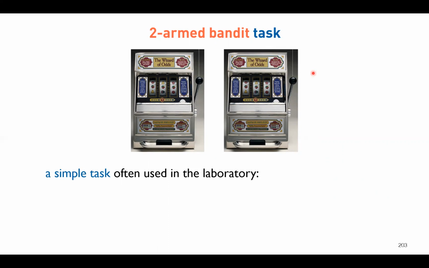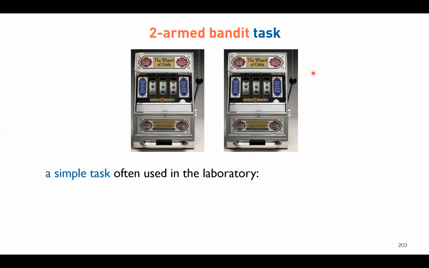And suppose that you are presented with two slot machines. You are a person, or maybe you enter a casino and you are standing in front of the two slot machines. And you would like to know, well, which one do I play? I have no idea at the beginning which one is the better one and which one is the worse one. So the only way to find out is to play with it, to pull the lever and see what the outcome will be, okay?